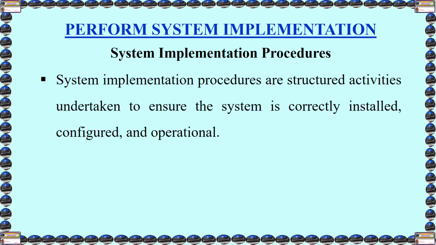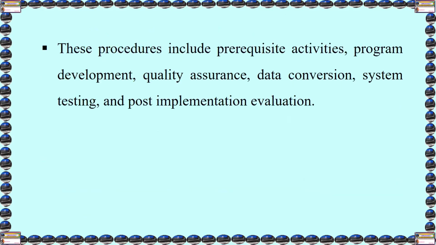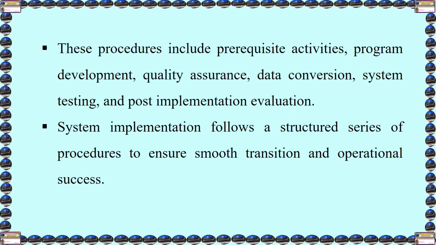System implementation procedures are structured activities that are undertaken in order to ensure that the system is correctly installed, configured, and operational. These procedures describe the structured activities that are carried out to move from a completed design to a fully operational system. These procedures include prerequisite activities, program development, quality assurance, data conversion, system testing, and post-implementation evaluation.